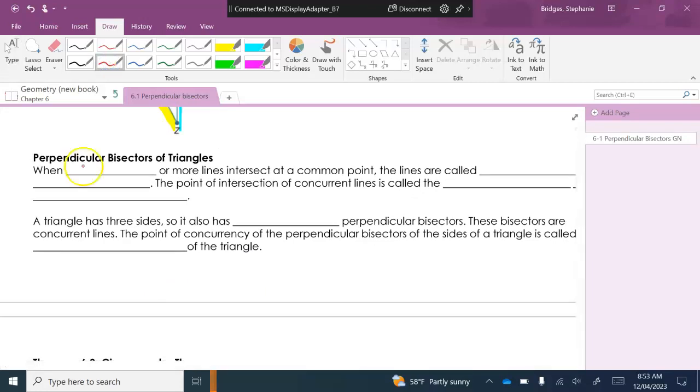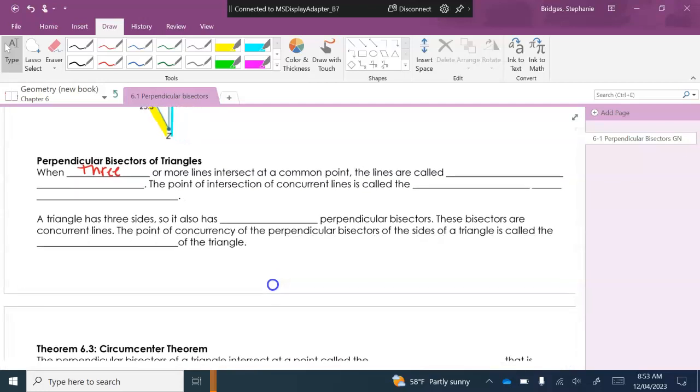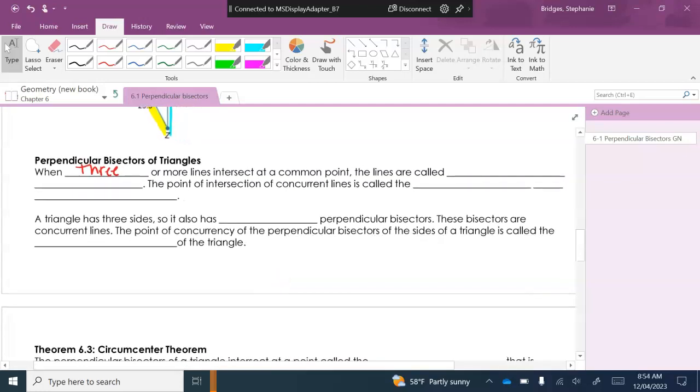So when 3 or more lines intersect at a common point, the lines are called concurrent lines. That part isn't really a big deal to remember.